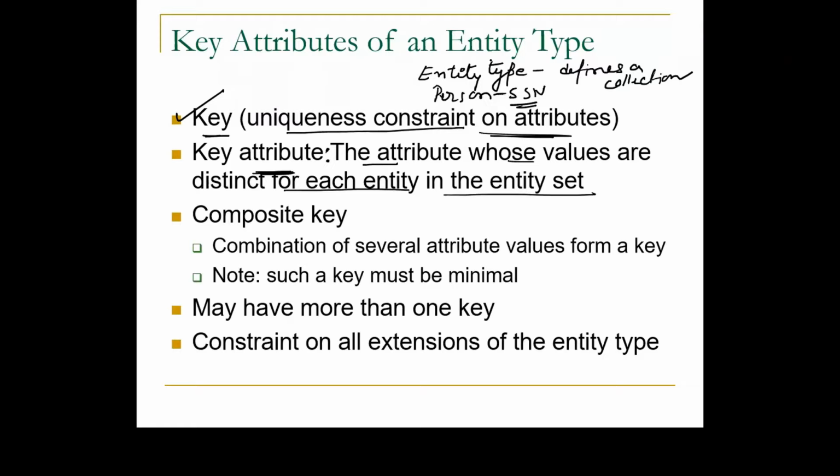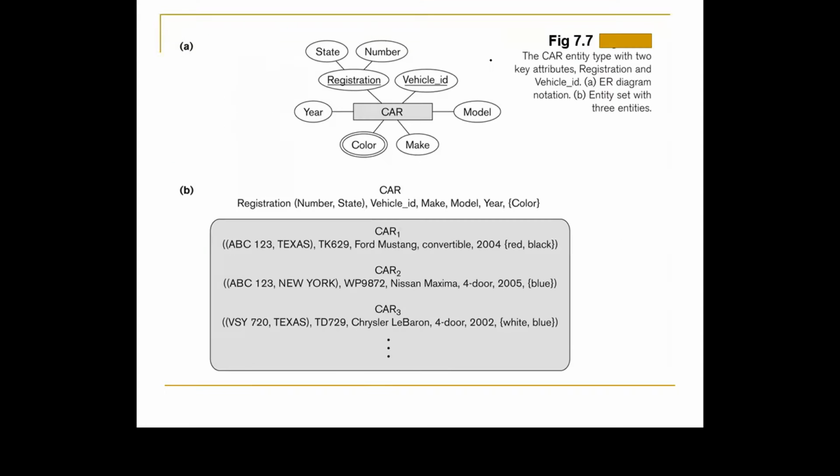Sometimes several attributes together form a key, meaning that the combination of the attributes must be distinct for each entity. If a set of attributes possesses this property, the proper way to represent this in the ER model is to define a composite attribute.